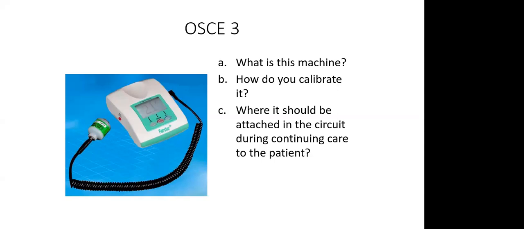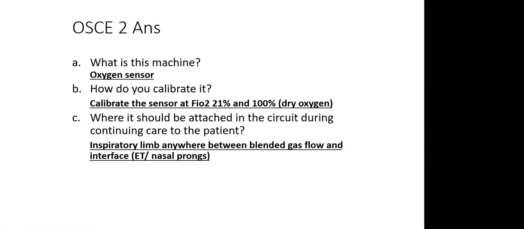So maybe we can cut short a bit. If all of you have answered, I'm just going to give the answer. Okay, so this is an oxygen sensor. You calibrate the sensor at FiO2 of 21%.